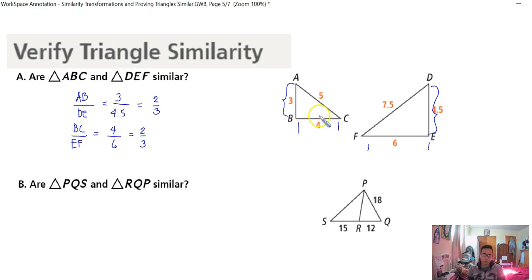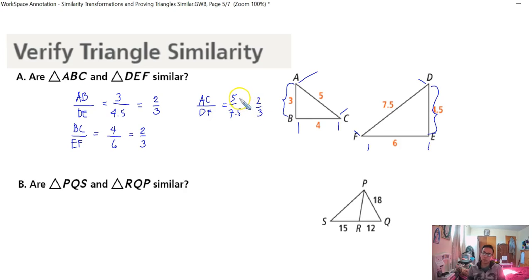If you start with the smaller one, you have to start with the smaller for everyone. So, of course, your AC. So we have AC over DF is equal now to 5 divided by 7.5, which is also equal to 2/3.